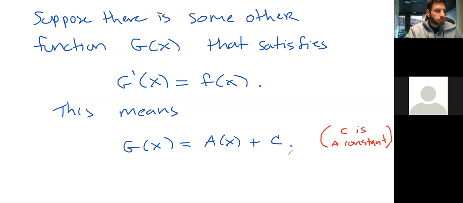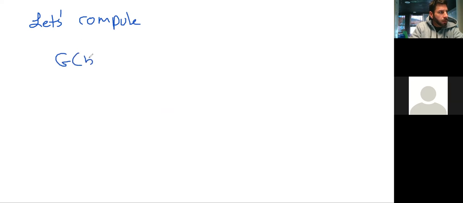Okay, now let's compute some values. So I'm going to take G of B and I'm going to subtract G of A from it. So what is G of B minus G of A? Well, we just said what this is.